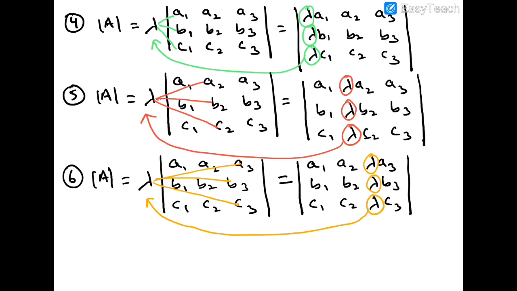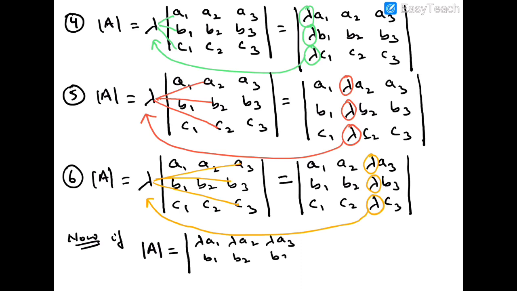So if determinant of A is equal to determinant of lambda A1, lambda A2, lambda A3, B1, B2, B3, lambda C1, lambda C2, lambda C3. Now here two rows, that is first row and the third row, they have lambda as their common factor. So we can take out one lambda from row 1 and one lambda from row 3.